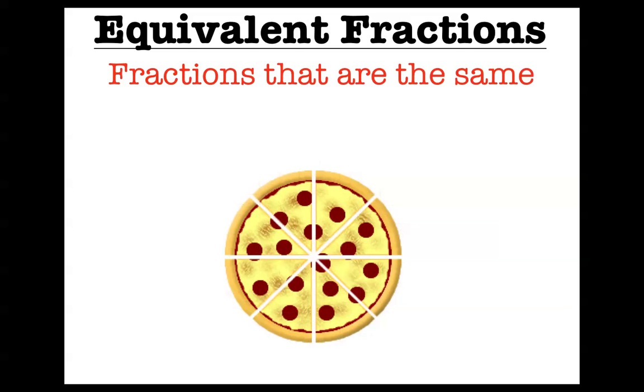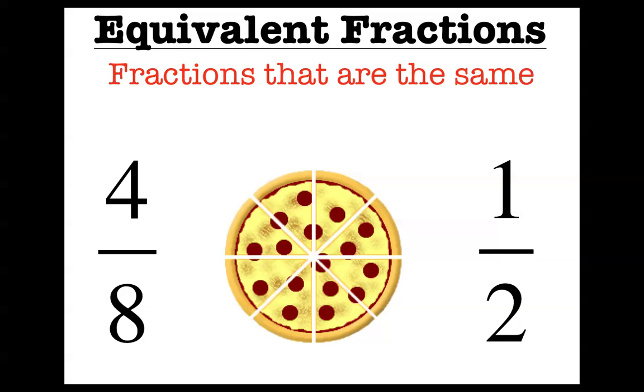For instance, if we go back to our pizza idea, if you ate 4 of the 8 slices, you can visually see that 4 of the 8 slices would be half of a pizza, right? So 4/8 and 1/2 are equivalent fractions. They're fractions that are the same thing.